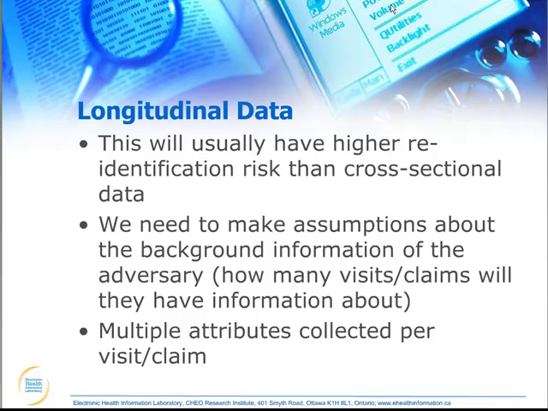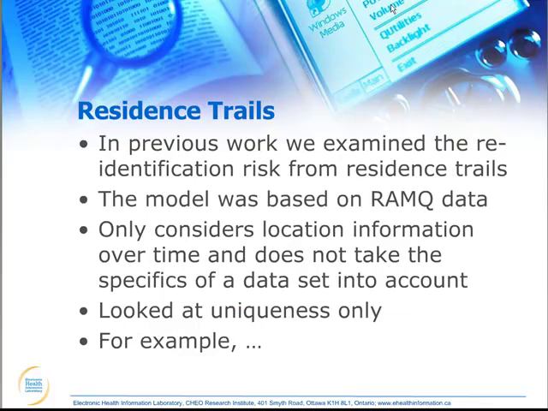So I'll just talk a little bit about some of the previous work that we did in this space, and this is the idea of residence trails. And this was a very simple way to look at longitudinal information. And in that case, we looked at the re-identification risk if an adversary knew the location that a person lived in over time.